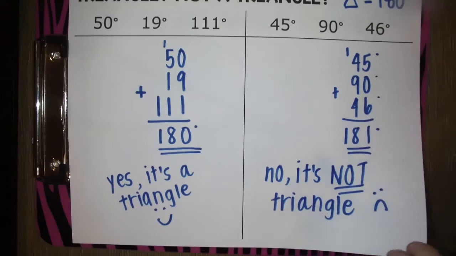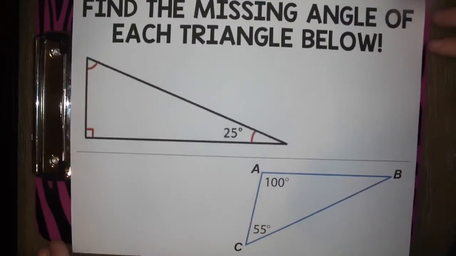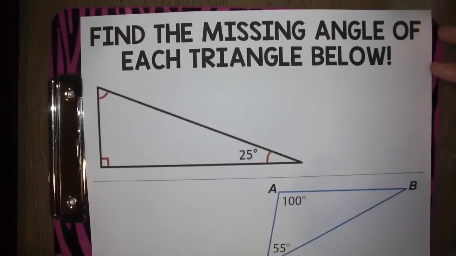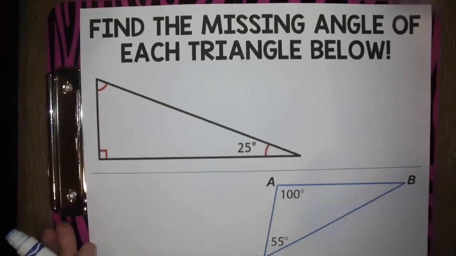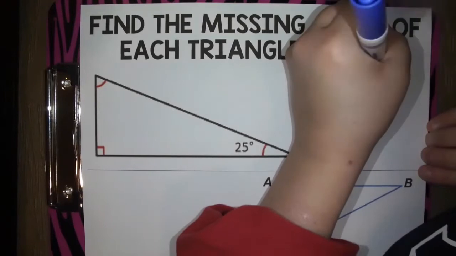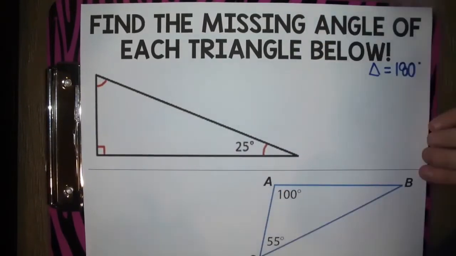Moving on to the next type of triangle angle question. So sometimes we're presented with triangles and we have a missing value. So we need to find the degree measure of the missing angle. And we're going to use our triangle angle sum theorem to calculate that, because we know all the angles in a triangle should equal 180 degrees.